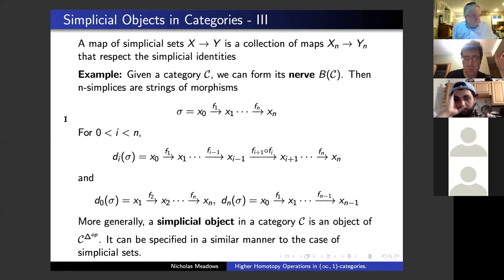And more generally, we often want to talk about simplicial objects in an arbitrary category. This is an object in the functor category, the category of functors from delta op to our category C. It can be specified in a similar manner by specifying the face and degeneracy maps, as well as the choices of objects X_n corresponding to the n-simplices.